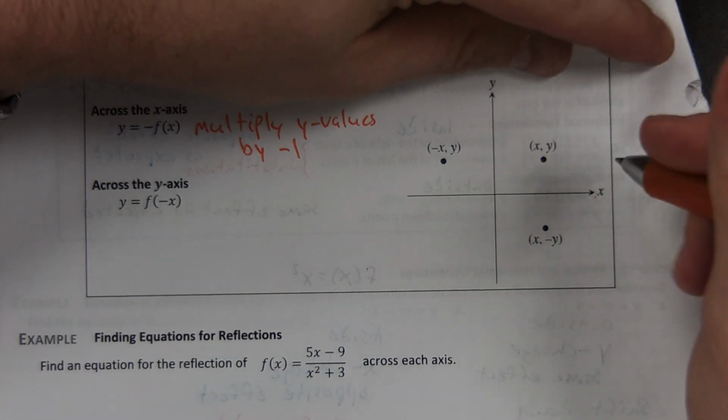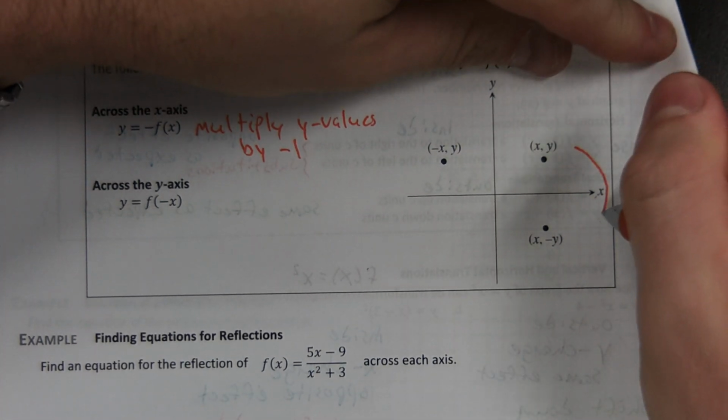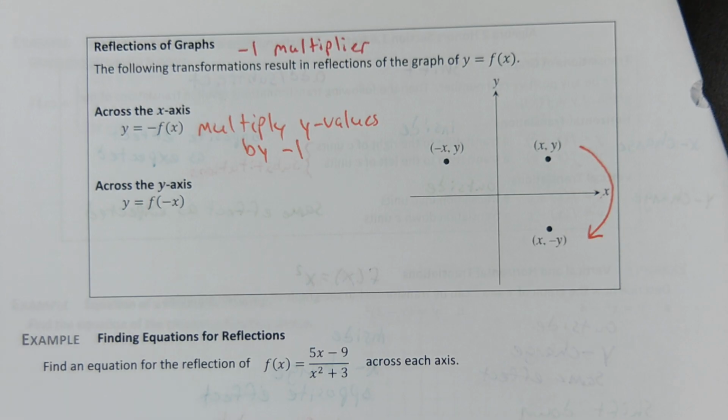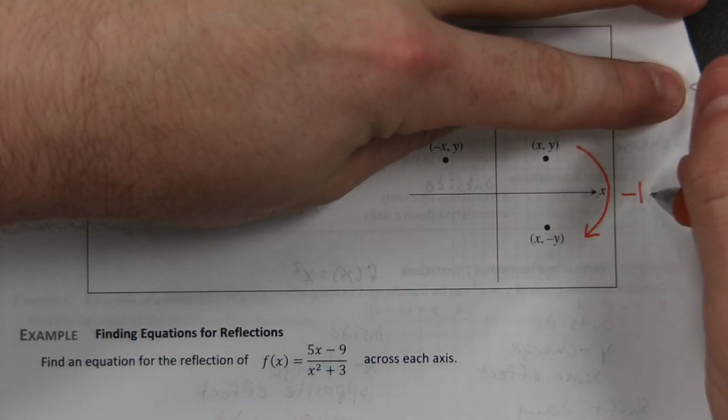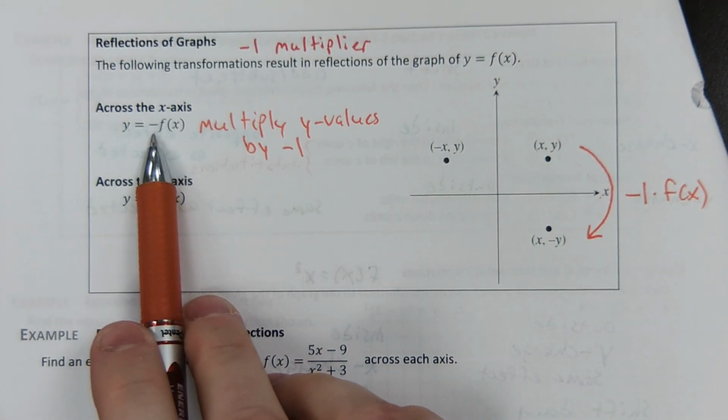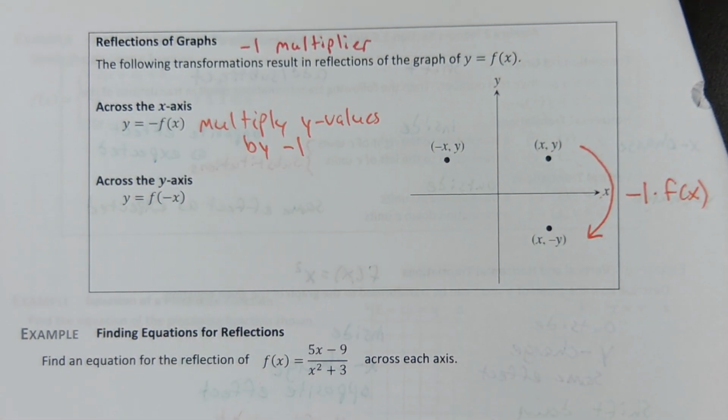So if I have to reflect over the x-axis, I have to remind myself that that is an up-down motion. That means I'm changing my y's, which means I'm changing my outside, and that is why this rule will be -1 times f of x. Now I know I didn't put a -1, I just put a negative, but they mean the same thing.